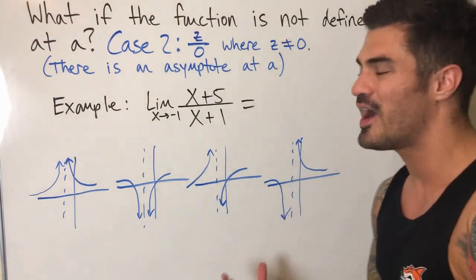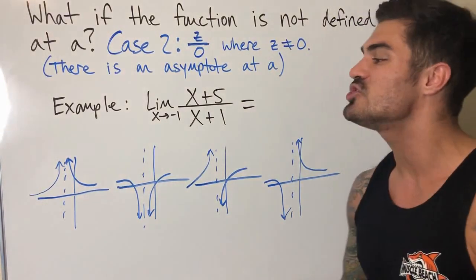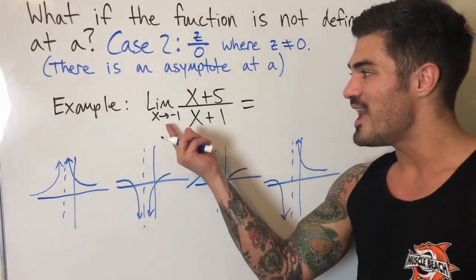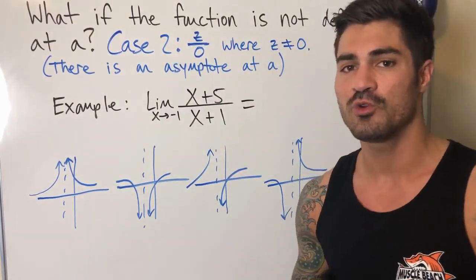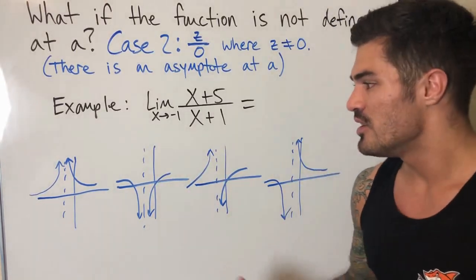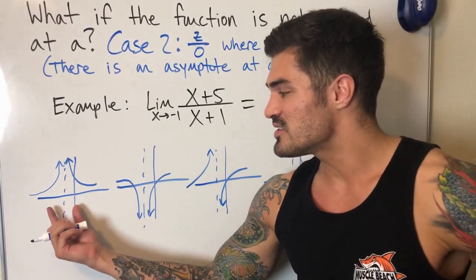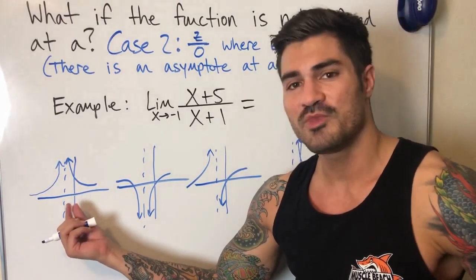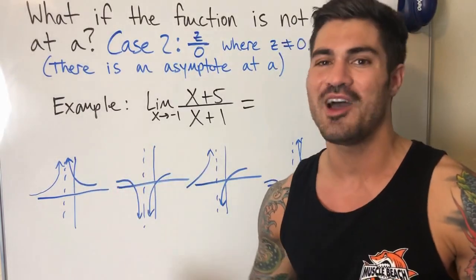So what does this mean, and why does this bring us to this idea of infinite limits? Well, let's think back to our definition of a limit. As x approaches this value a, my y values have to be approaching some value L. That has to happen if this limit exists. Does that happen in any of these cases? In this case, as x gets closer and closer to a, remember a is our vertical asymptote, my y values just increase without bound.